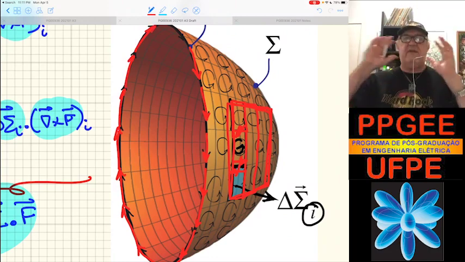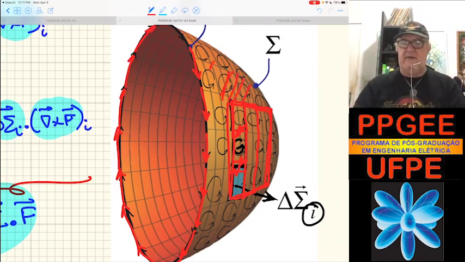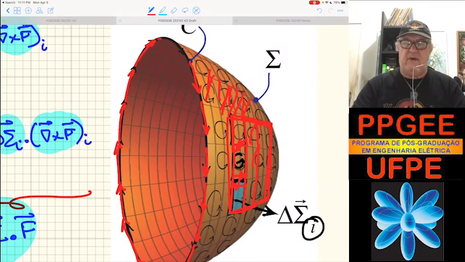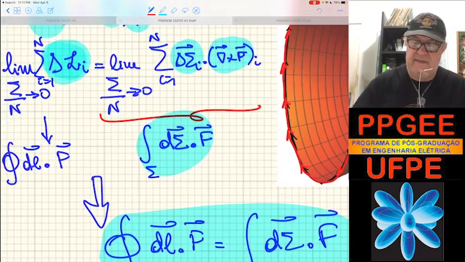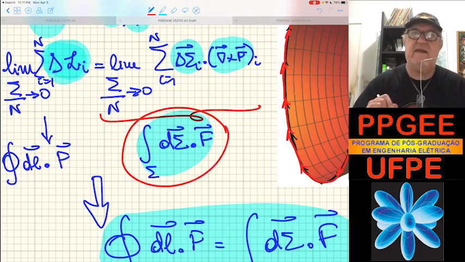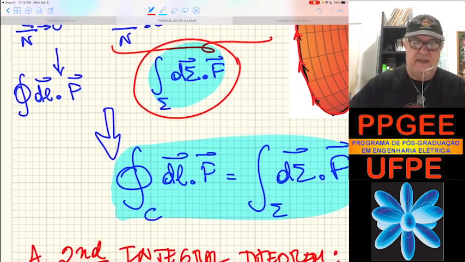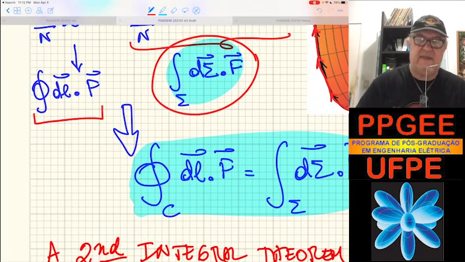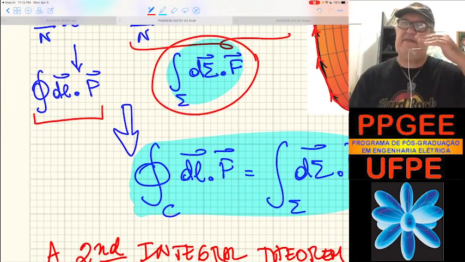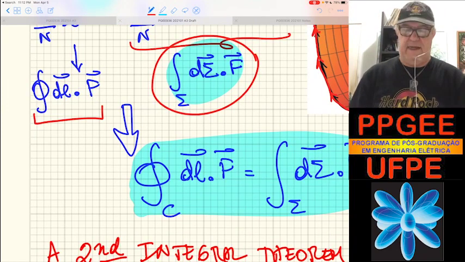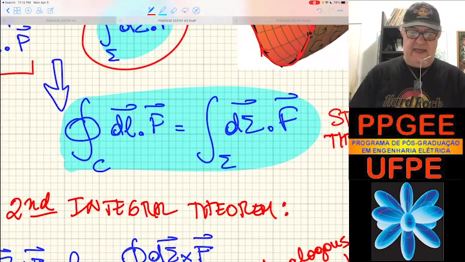So the sum of all these things cancels on the surface, and the only thing that remains is on the border of the open surface. This is one side of the equality, and this is the other side of the equality. It's just a circulation using the same property. You go along the path having the surface always on the left, okay? So that's what we get.